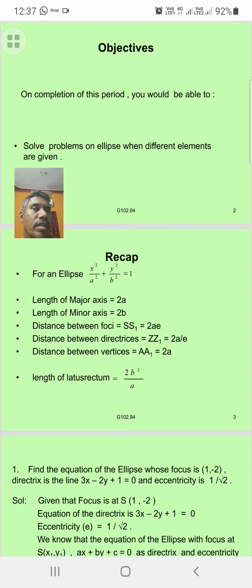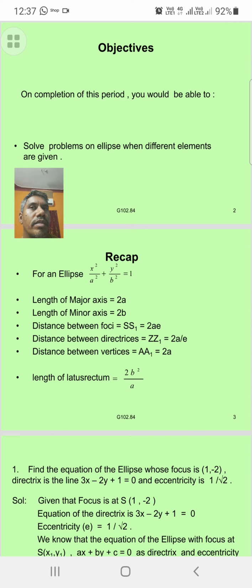Then we can compare it, or take it and substitute and simplify, then we can get the answer.